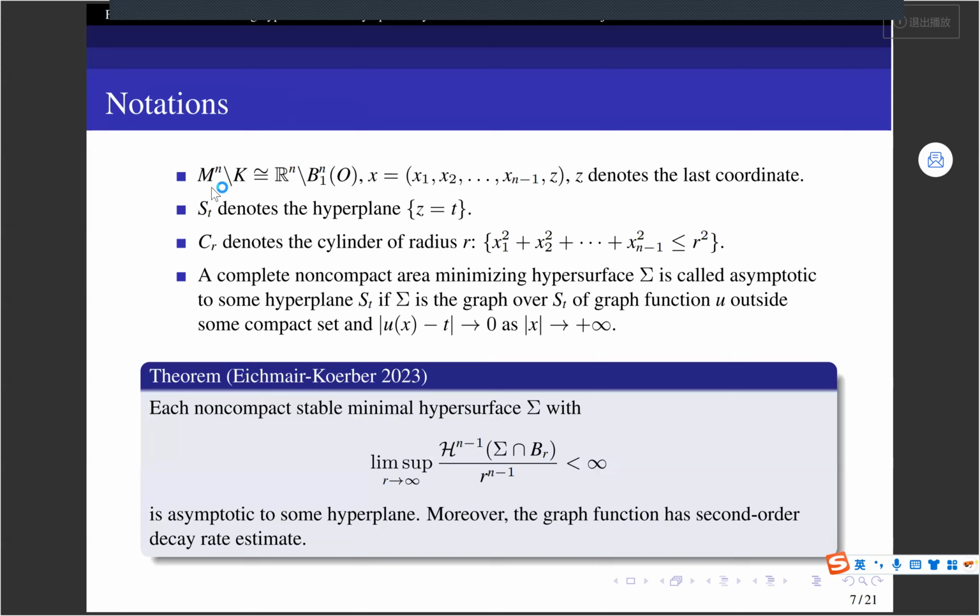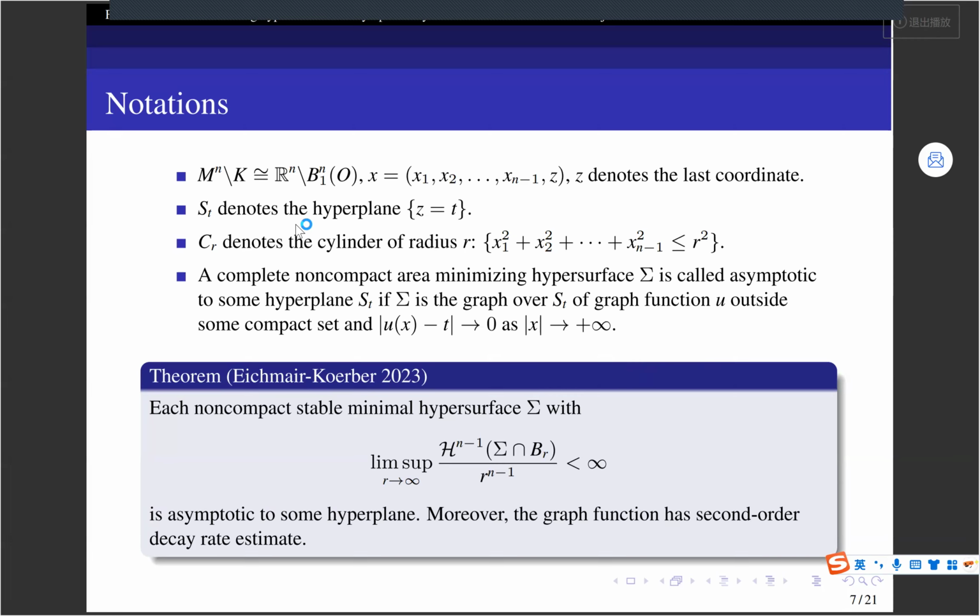Before we introduce it, let us begin with some notation. Here, M always denotes an AF manifold, and outside a compact set, you can associate it with a coordinate system, and we use the Z coordinate to represent the last coordinate. It is in the vertical direction, that means the height direction.